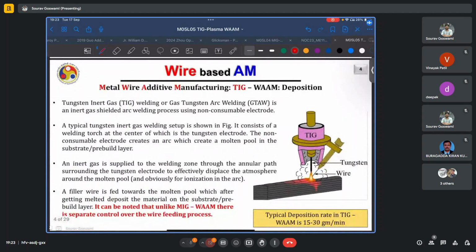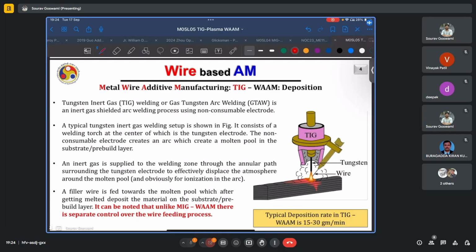So where you have this hollow electrode with a tungsten electrode, the wire which will be deposited is actually fed from the side, and the arc is established between this tungsten electrode and the workpiece, and your material is deposited. Typical deposition rates can be between 15 and 30 grams per minute.